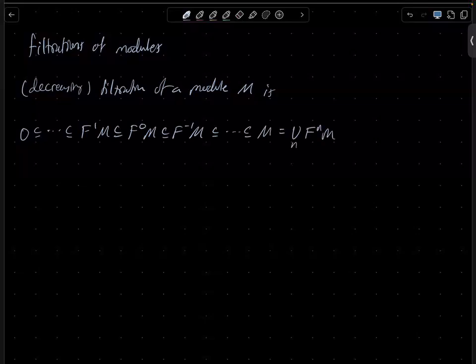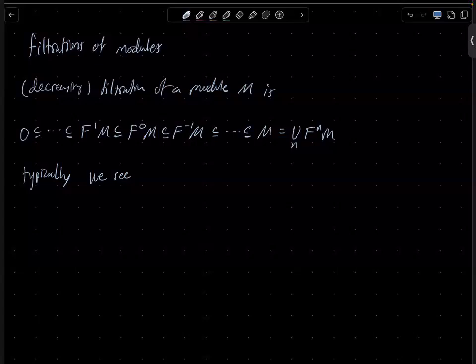And so typically what we'll see is that these filtrations are bounded below, where F^0 M is just M. So it just stops at F^0 M. Cool.